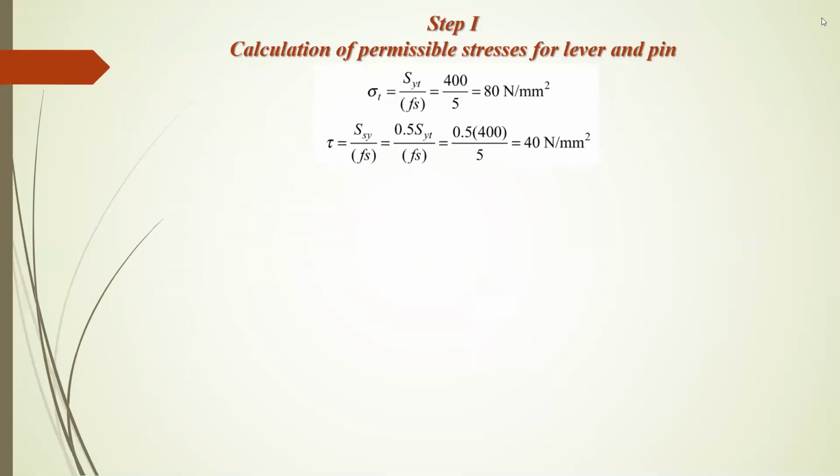The permissible tensile stress is SYT divided by factor of safety, and the shear stress is SSY divided by factor of safety, that is 0.5 SYT divided by factor of safety. So these are the permissible stresses, 80 and 40 Newton per mm square. Both these stresses are the same for the lever as well as the pin.